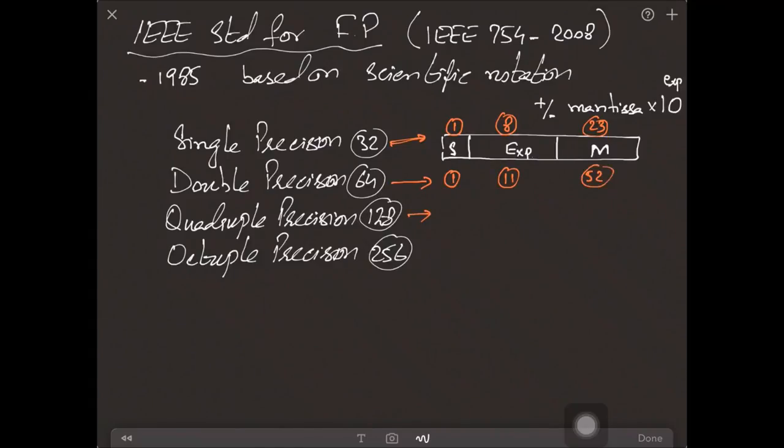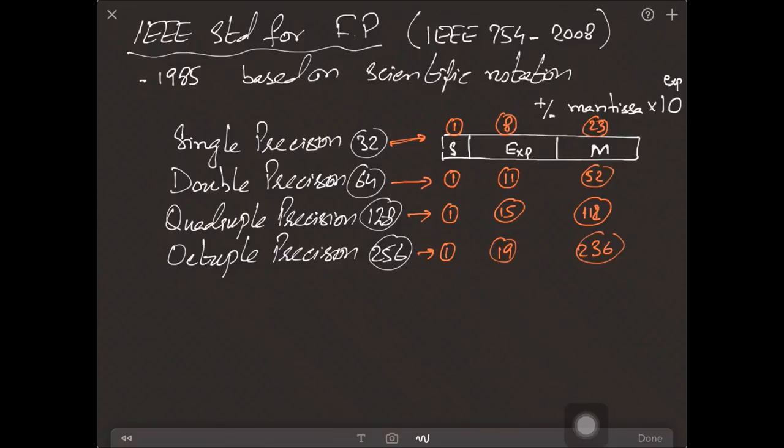Quadruple, 1 bit for sign, 15 bits for the exponent, and 112 bits for the mantissa. And finally, for 256 bits, we have 1 bit for the sign, 19 bits for the exponent, and 236 bits for the mantissa.